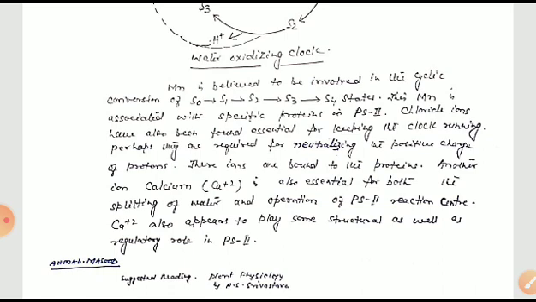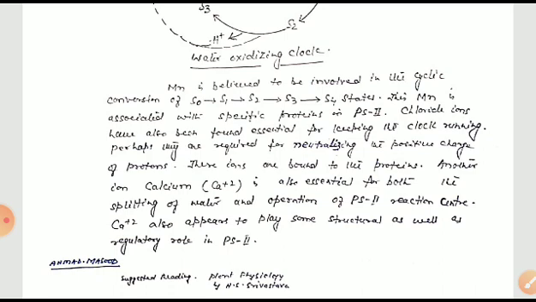Other ion, calcium, is also essential for both the splitting of water and operation of photosystem 2 reaction center. Calcium ions also appear to play some structural role as well as regulatory role in photosystem 2.